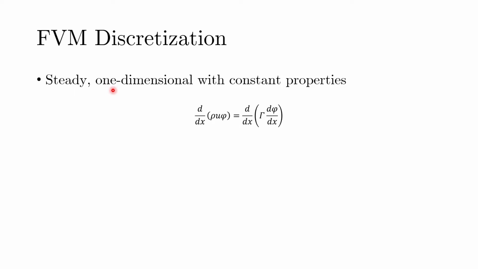So we'll look at the case of the steady one-dimensional convection diffusion problem with constant properties, and we have seen that if the variable phi has a convective term and a diffusive term, then the governing equation for that case can be written in this form, where gamma is the diffusivity, rho is the density, and u is a constant velocity.